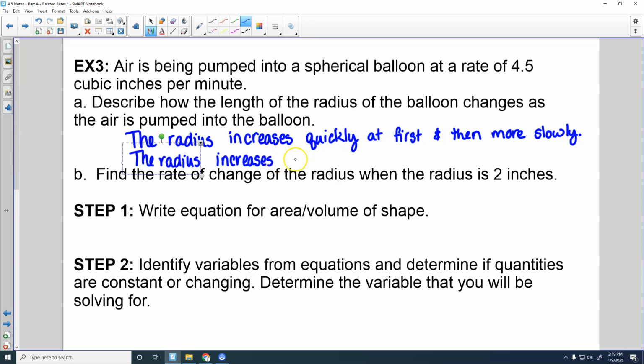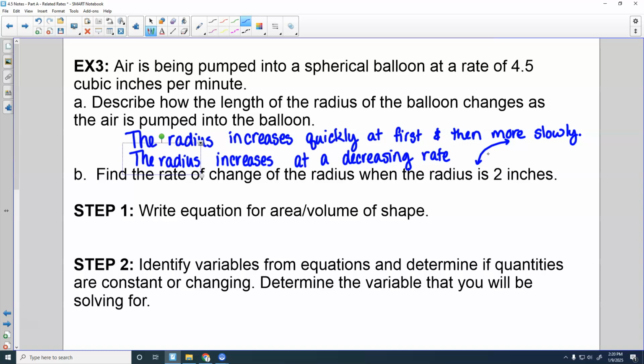So it increases at a decreasing rate. And that means that it would be concave down, right? It would start off getting bigger pretty fast, and then it sort of slows down. But it's still increasing the whole time. So that's just asking you to think about it a little bit.